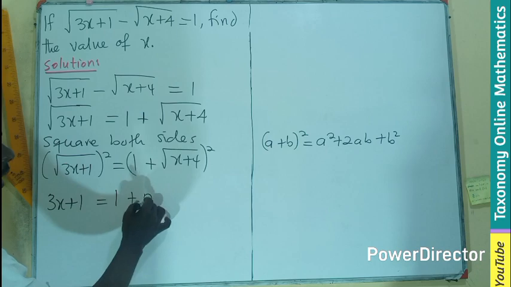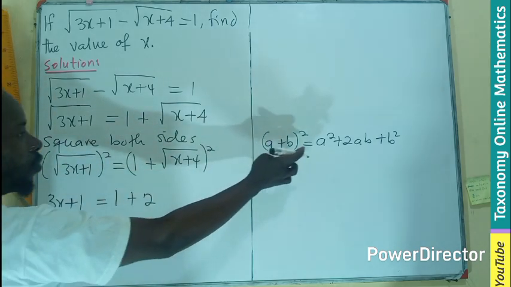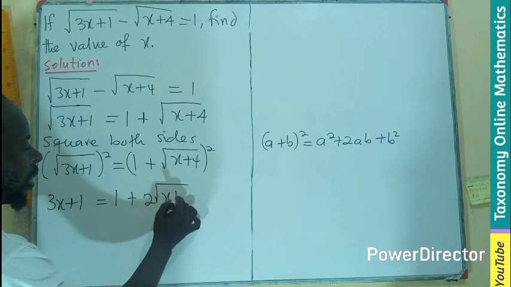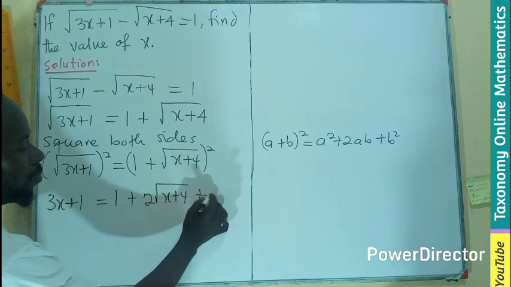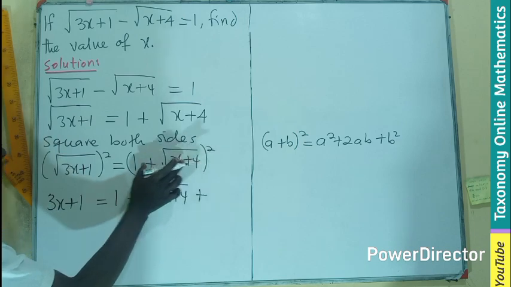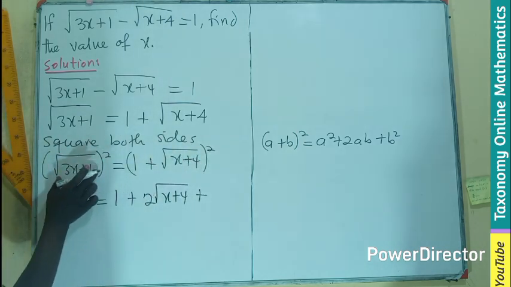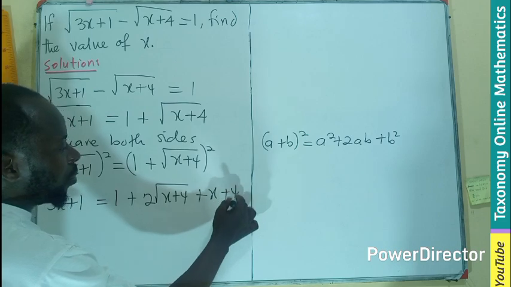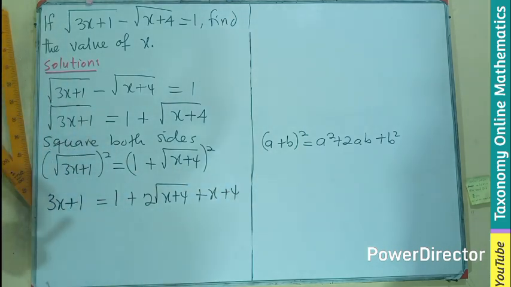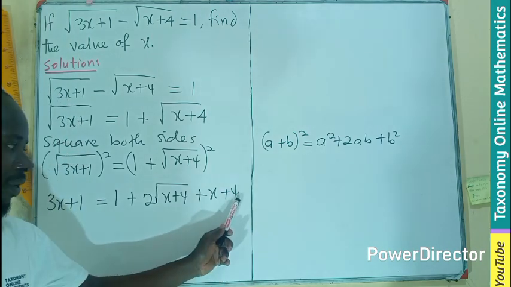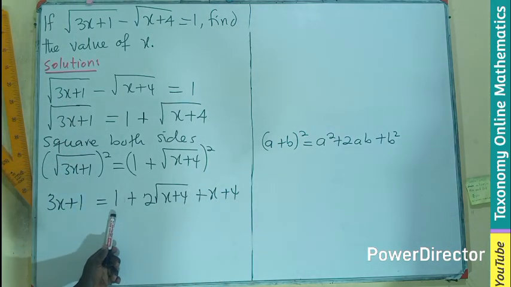Then twice their product, that is 2 times 1 times the root of x plus 4. Then plus the square of the last term, which is the whole of this. Remember here, when we square the square root, it cancels. So we are left with only x plus 4. I guess we follow through how we manage to have 1, 2, 3 terms.